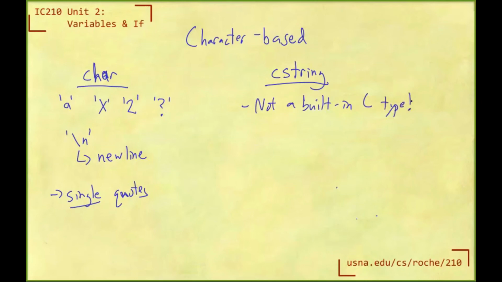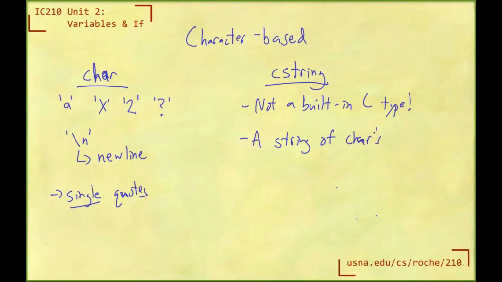The C string is actually something else. It's built out of multiple chars, as you might guess. And we'll look at the details of what a C string really is underneath in a few weeks in this class. But for now, you can think of it as a string of characters. So a list or a string of chars.